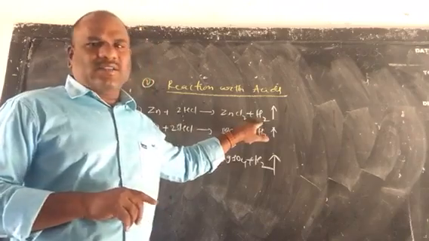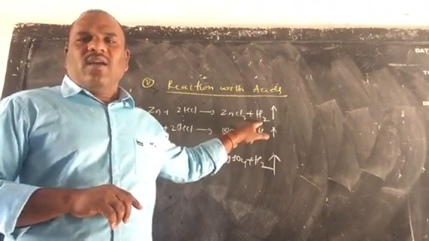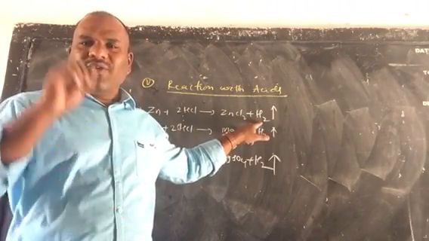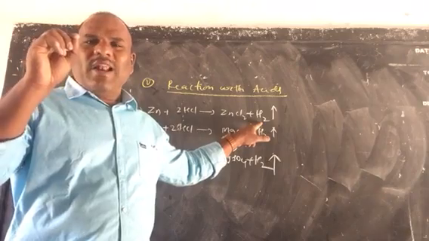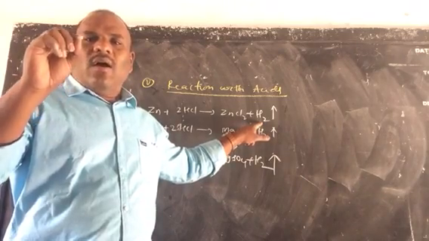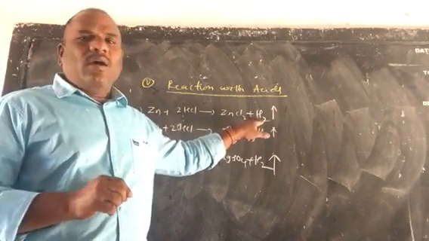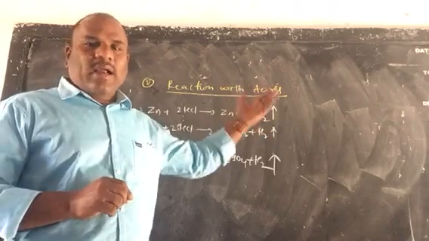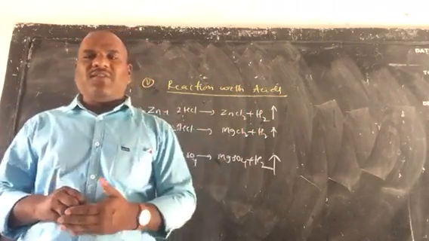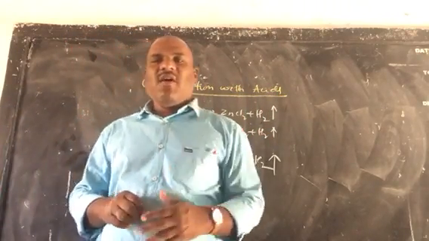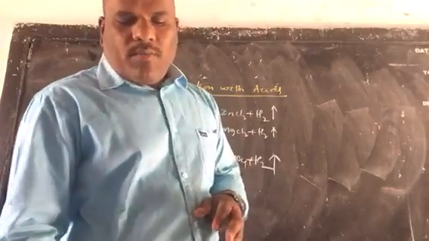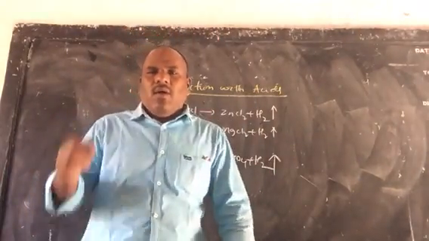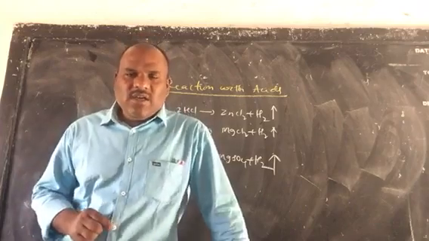We can test whether the gas coming out of the test tube is hydrogen by bringing a burning matchstick near the mouth of the test tube; the matchstick is put out with a pop sound, indicating the presence of hydrogen gas.